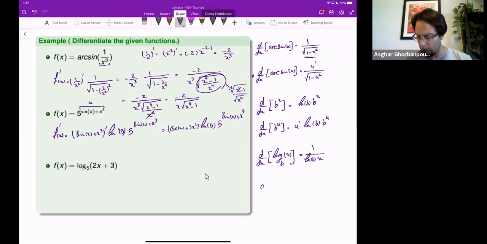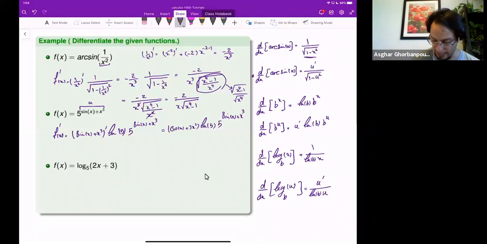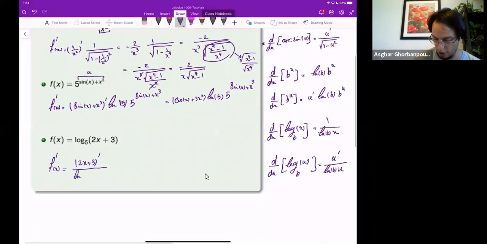And with the same idea of the chain rule that we always add to our differentiation rules, this tells me that the log of a function base b will be u prime over u, and then multiply the denominator by ln of b. Here, b is 5, so f prime of x is going to be u prime, in this case 2x plus 3 prime, over ln of b times u itself.